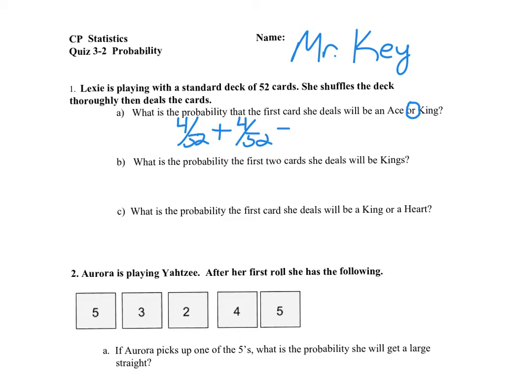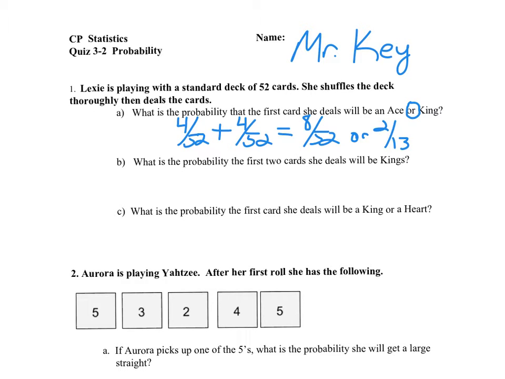And of course, we have to know how to add fractions. Hopefully that's prerequisite knowledge, but 4/52 and another 4/52 is 8/52. This could obviously be reduced as well. If we divide 8 and 52 by 4, we could call that 2/13.